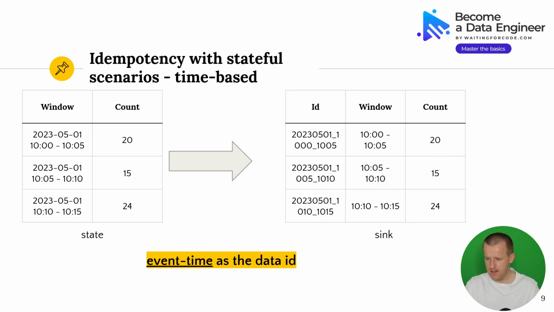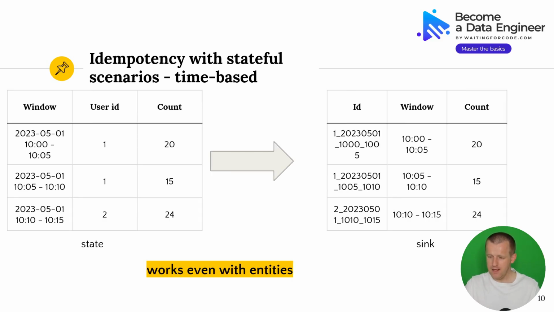Here you can see the specific example, and it will also work with entities when you simply combine this event time based property with the entity. So here we have some windows per user, and of course the single variable here is the count, and the window ID and the user will never change. So by concatenating these two parts, you have an idempotent ID generated.